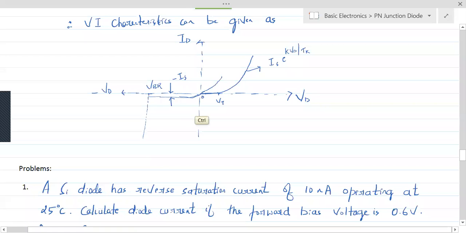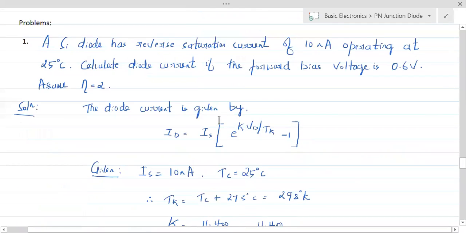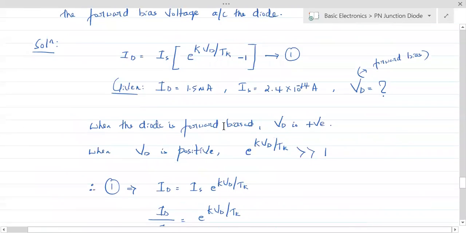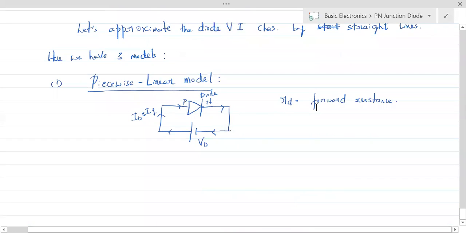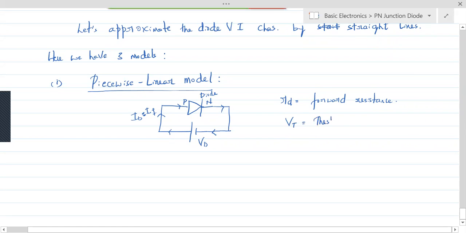VD should first attain the voltage VT, which is the threshold voltage. That also needs to be considered for the equivalent model. So in the piecewise equivalent model, we consider the diode forward resistance as well as the threshold voltage of the diode. What is this? This is the threshold voltage.